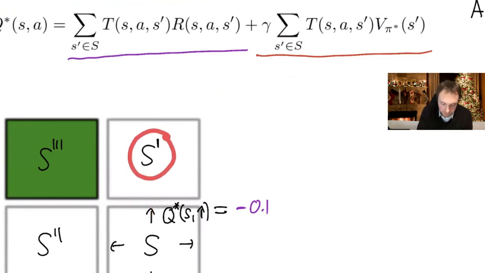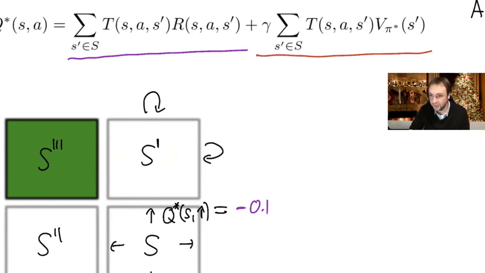And now from here, we want to know what is the maximal expected reward. When we go in this direction here, we would get +1. If we go in this direction, we go back on the same state, so this would give minus 0.1 and minus 0.1. But going this step here would give us +1.